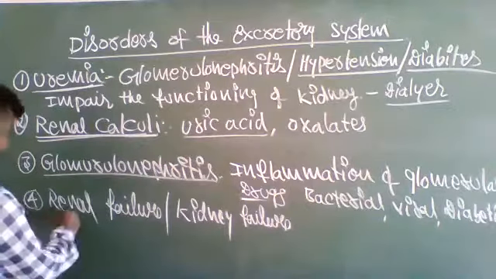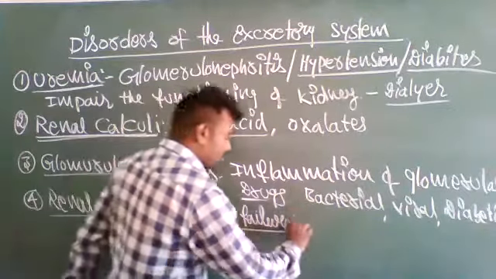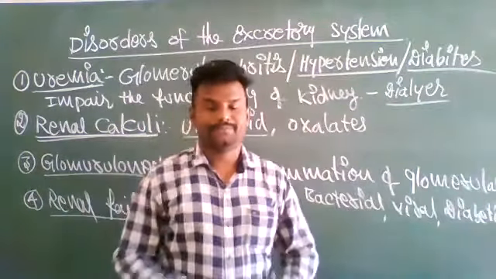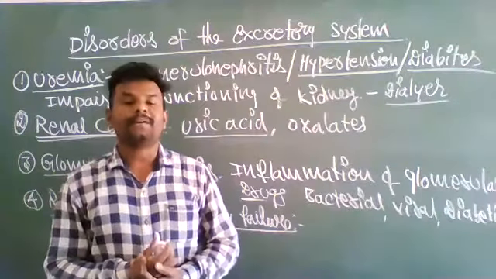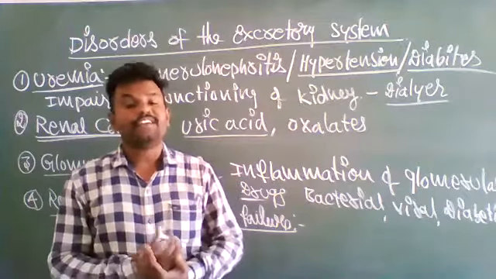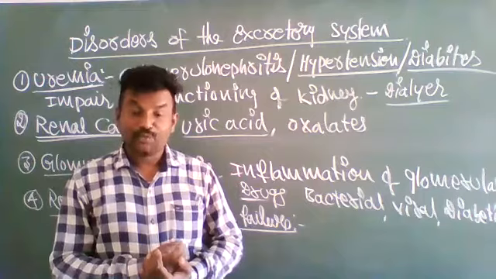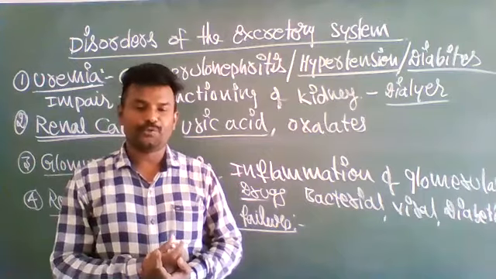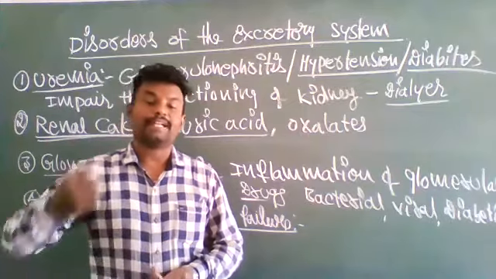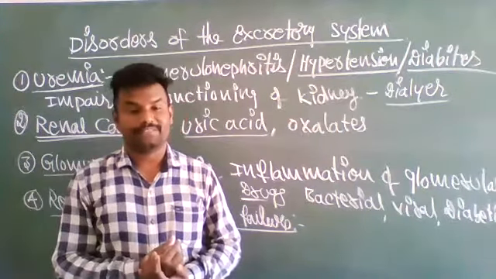Next, renal failure or kidney failure. In this one, the kidney function is completely failed. The filtering process of the kidney is failed due to protozoal or parasitic infections entering our body.